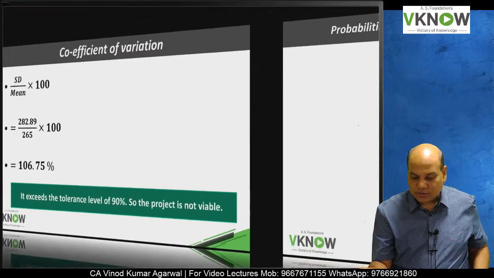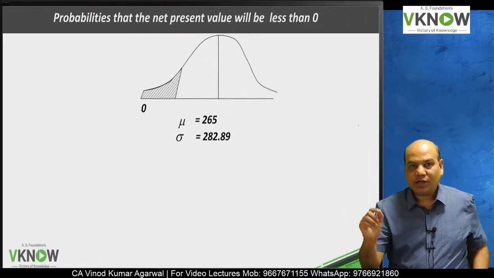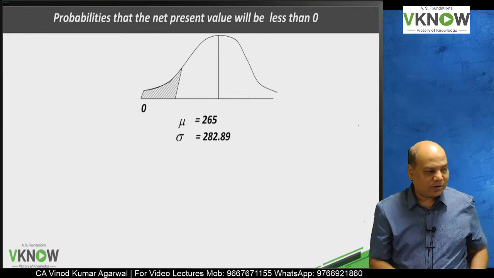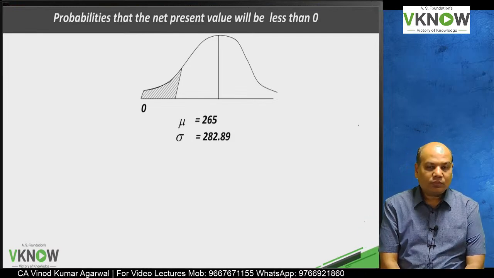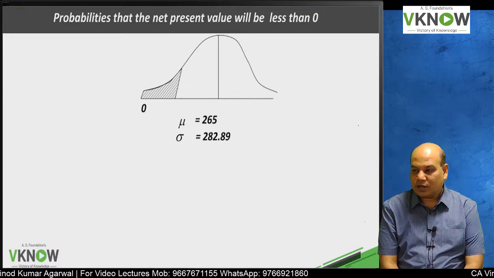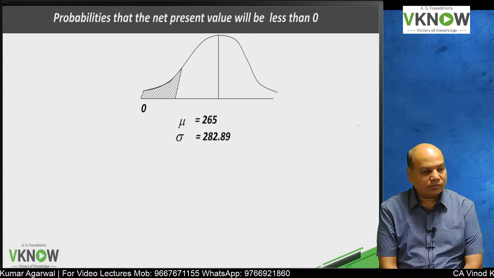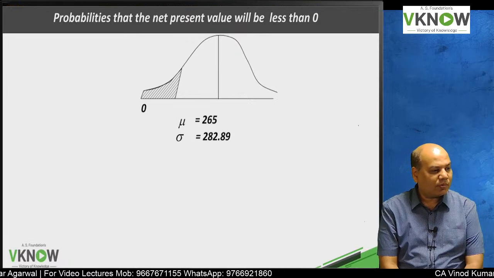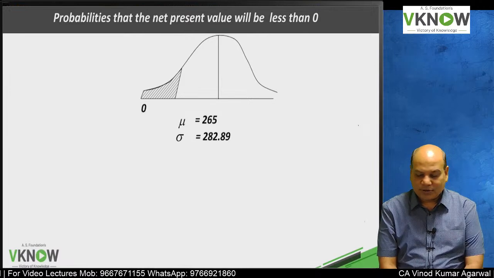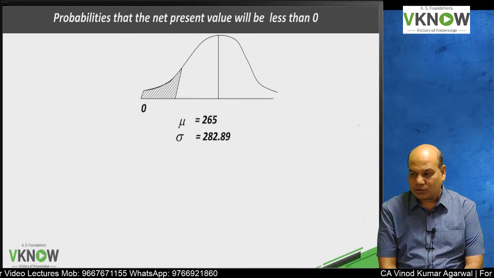So for that, you have to now write down the next line: calculation of probability that NPV will be less than 0. Draw this normal distribution.